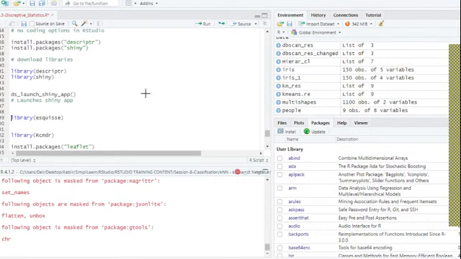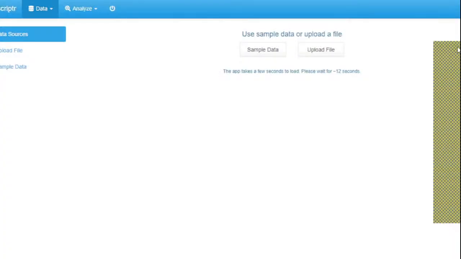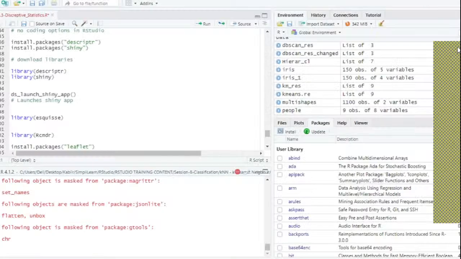395. How many of you got this window? Type 395. Arush got it. Okay. You have to run line number 395, ds underscore launch Shiny app, after activating descriptor and Shiny.